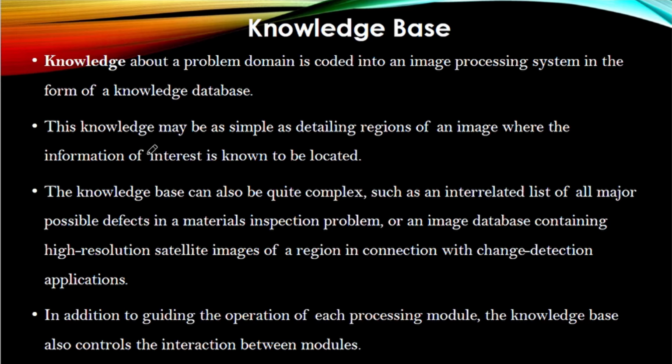Sometimes the knowledge may be simple, like detailing regions of an image where the information of interest is known to be located. Sometimes it may be quite complex, like identifying the major possible defects in a materials inspection problem, or an image database containing high resolution satellite images of a region.